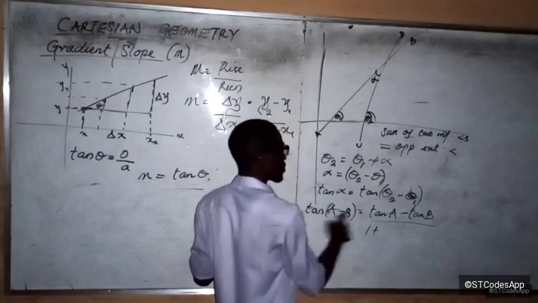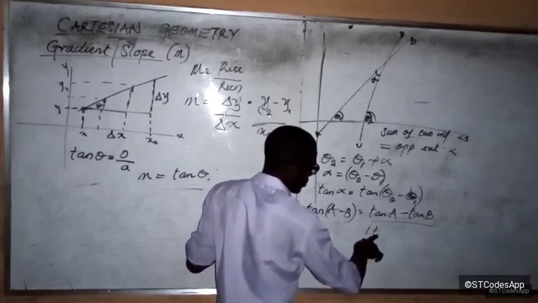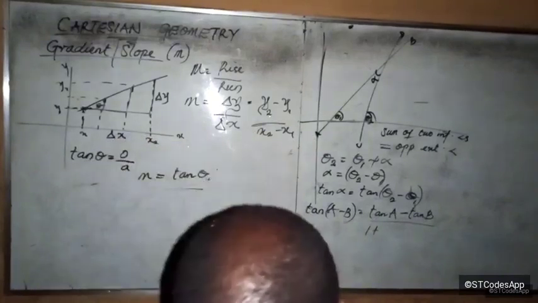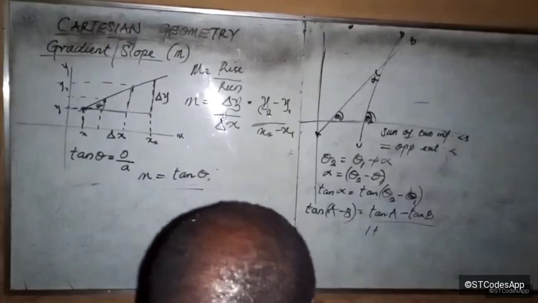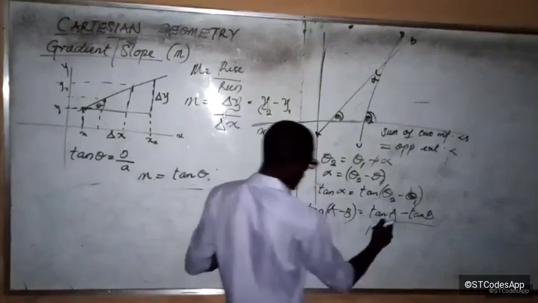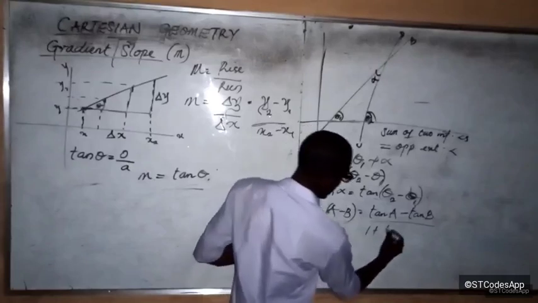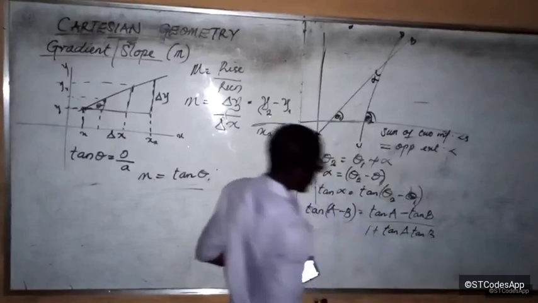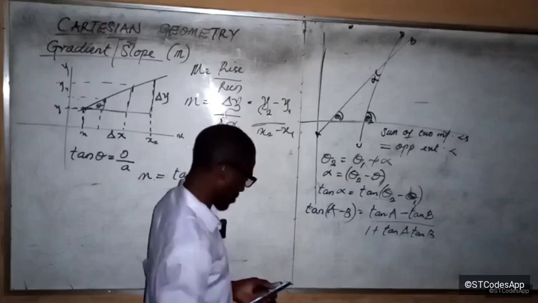So if it was tan(A plus B), it would be (tan A plus tan B) over 1 minus tan A tan B. So that is what we have there.